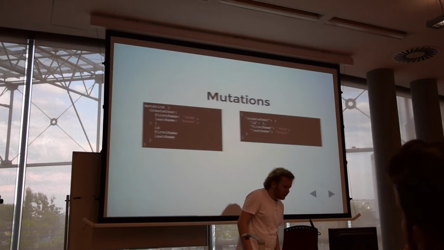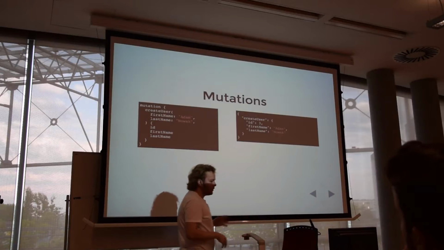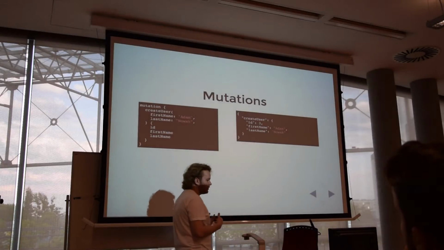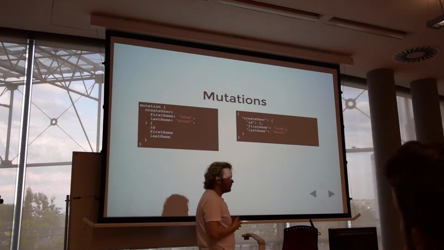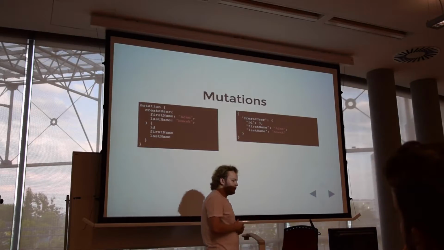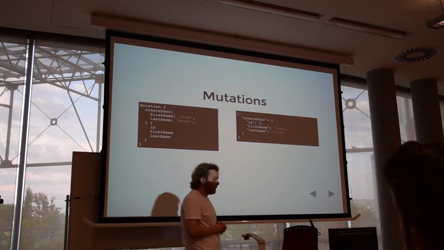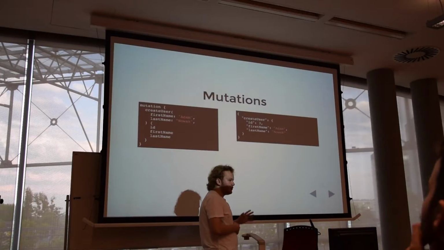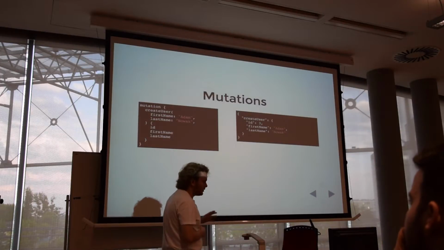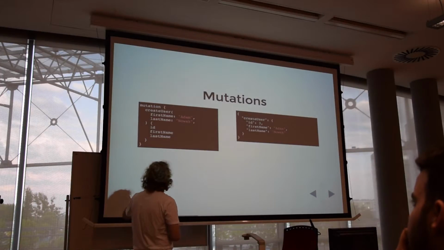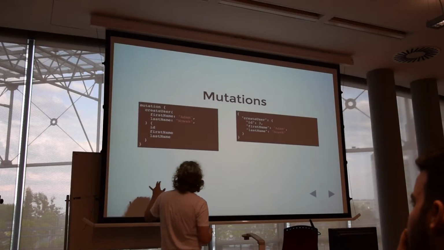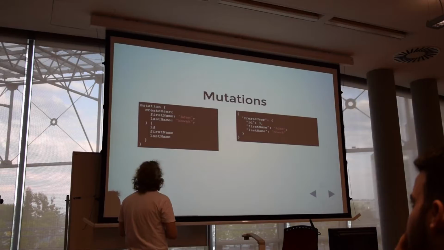And of course, GraphQL wouldn't be a good query language if it didn't provide us with a way to modify our data besides just querying it. So in order to modify data, we create mutations, which are different from queries. And here I have declared a mutation that is called create user.